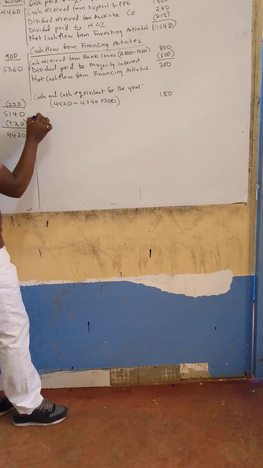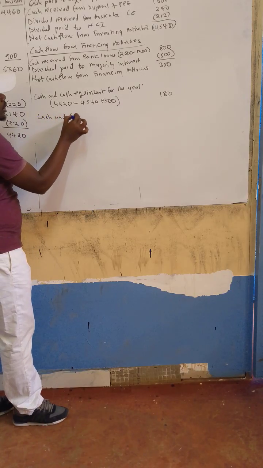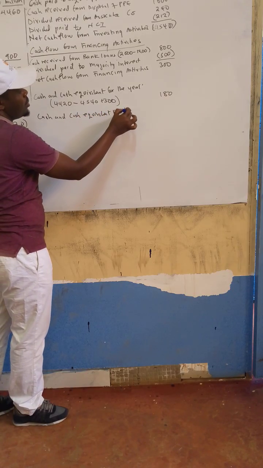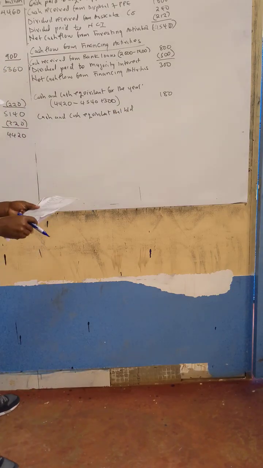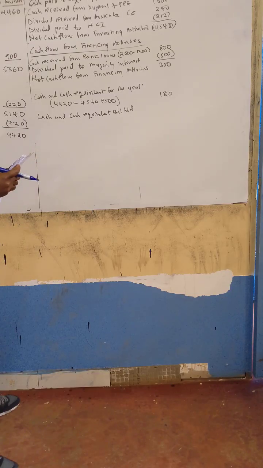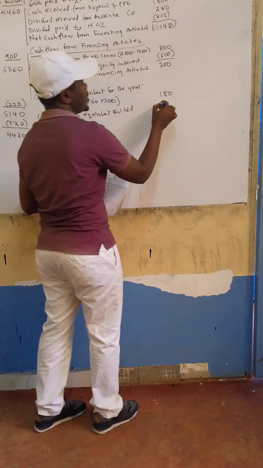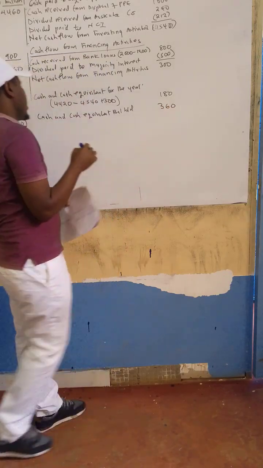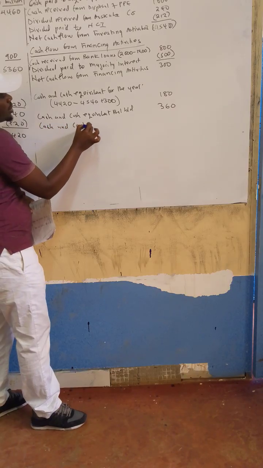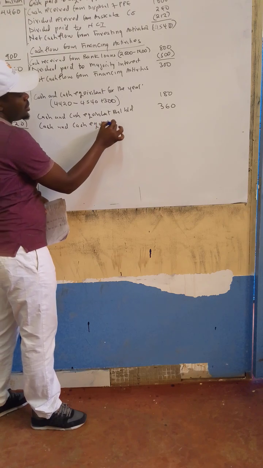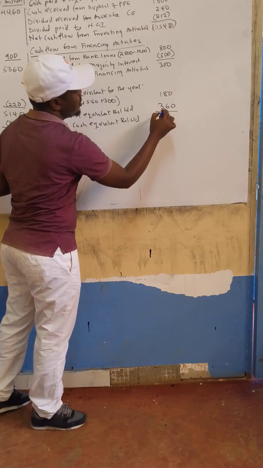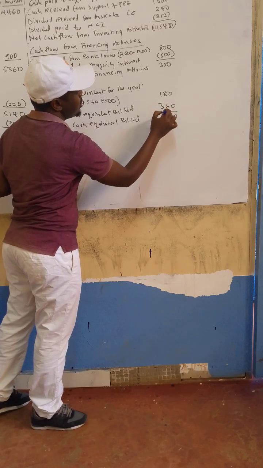And then cash and cash equivalent balance brought down. From the question, the cash and cash equivalent balance brought down in our statement of financial position was 360. And then you finalize the cash and cash equivalent balance carried down, which if you add them, of course, you get 540.